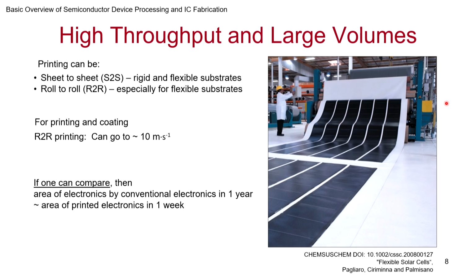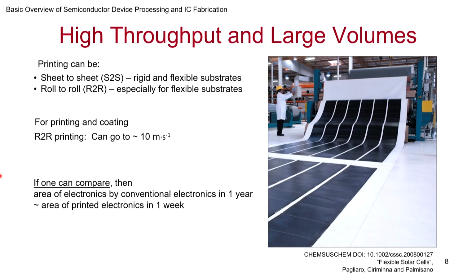And one of the ways in which they compare it is the area of electronics by conventional electronics today. If you look at it, in 1 year what you will produce is several tens of thousands of square meters of electronics, but sometimes you need some square kilometers of electronics. For example, if you want to deploy photovoltaic technology, you need several square kilometers.